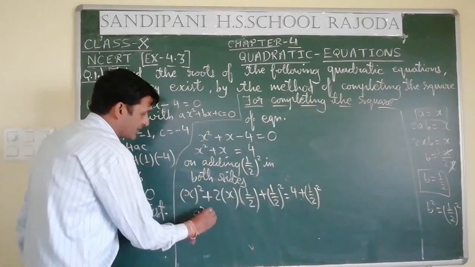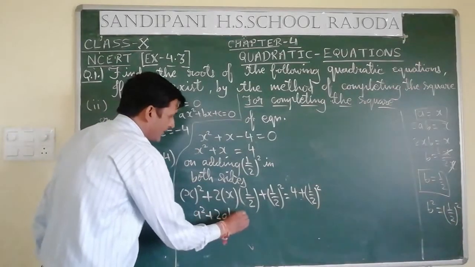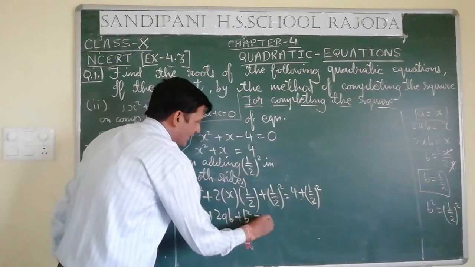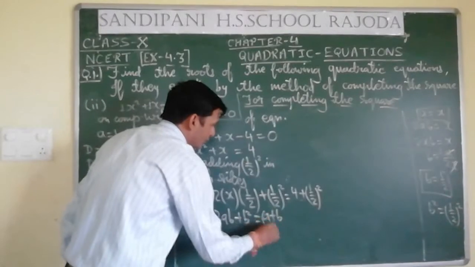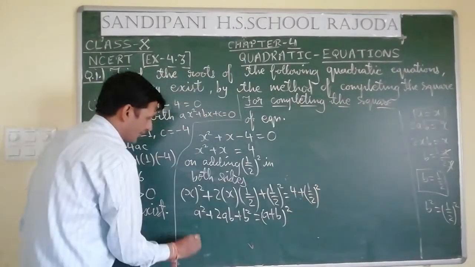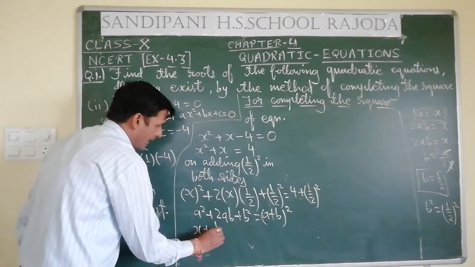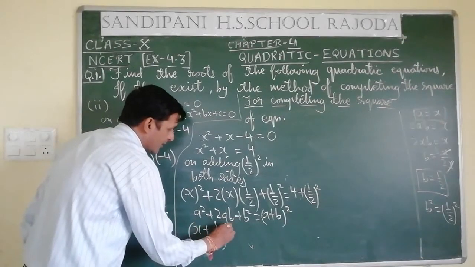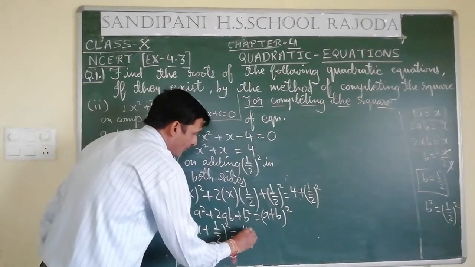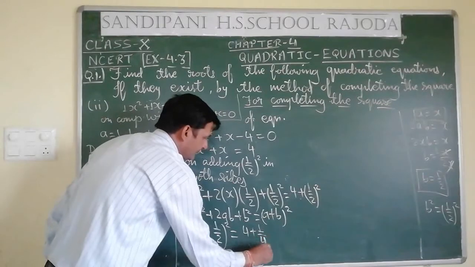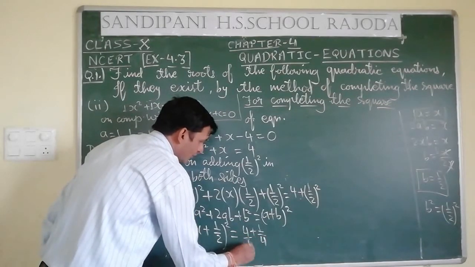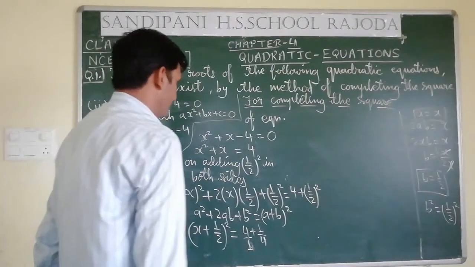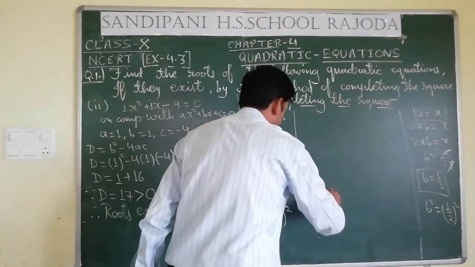A square plus 2ab plus b square is equal to a plus b whole square. So it will be x plus 1 by 2 whole square is equal to 4 plus 1 by 4. Here LCM is 4. So now we have to take LCM there.